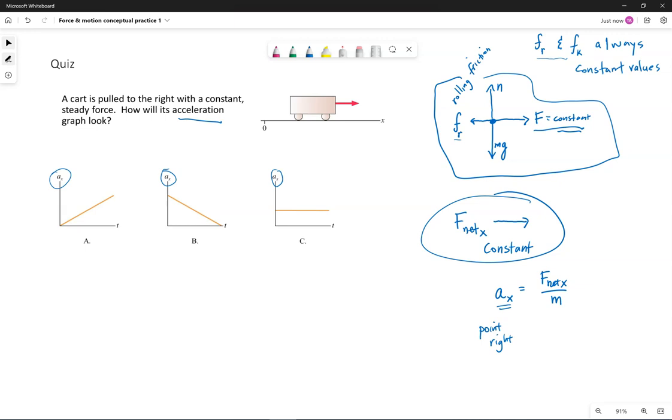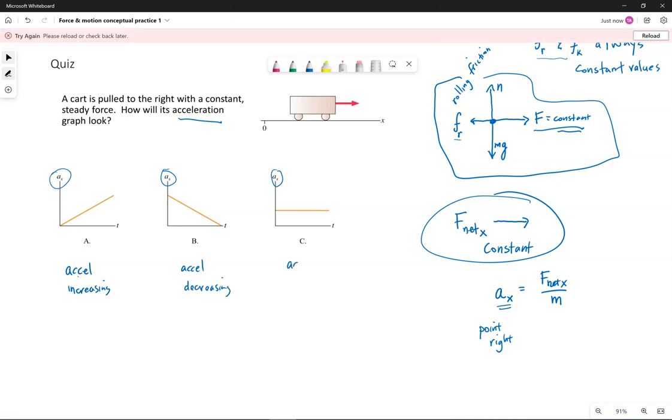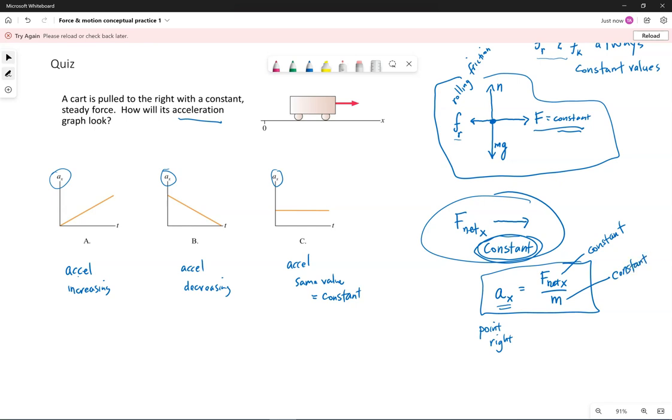But in terms of what's happening to that acceleration, these graphs represent, the first one is that the acceleration is increasing. The second one, the acceleration is decreasing. The third one, the acceleration is the same value the whole time, meaning it's constant. So if this net force is constant, and the mass, this cart, it's the same cart the whole time, the mass will be constant.